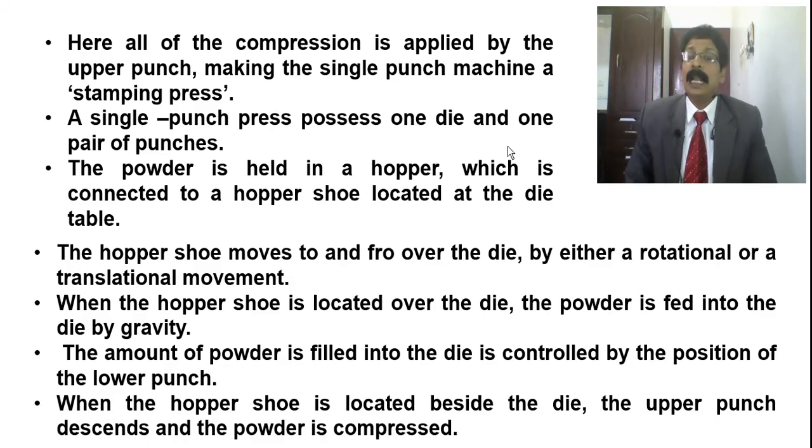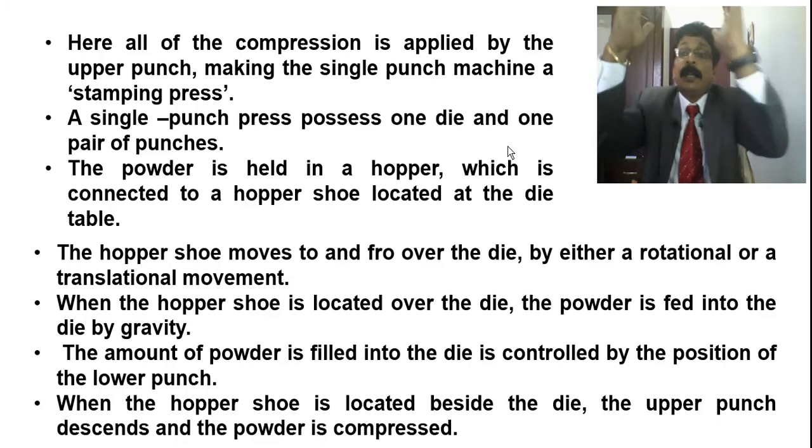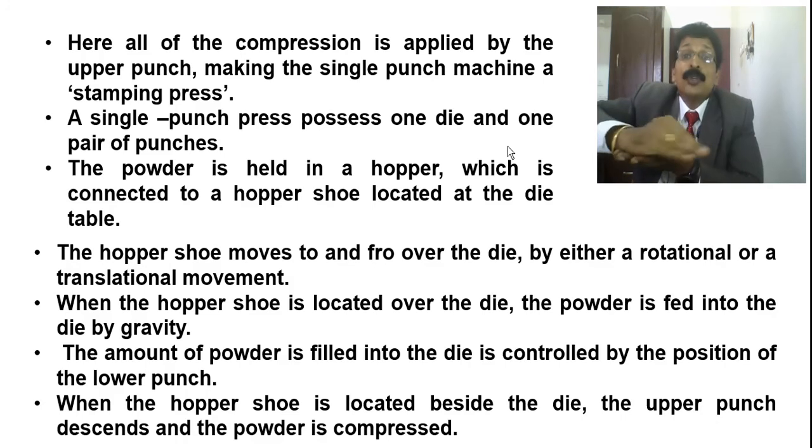The powder is held in the hopper, or you can even write granules held in the hopper, which is collected in the hopper shoe. Hopper shoe means the shoe will be coming a little from the hopper like this, and it will have a shoe to feed the die properly.